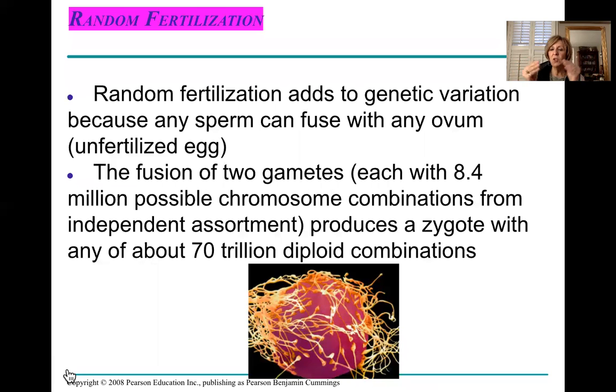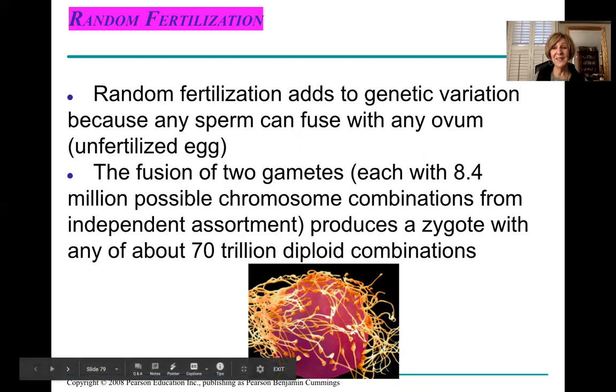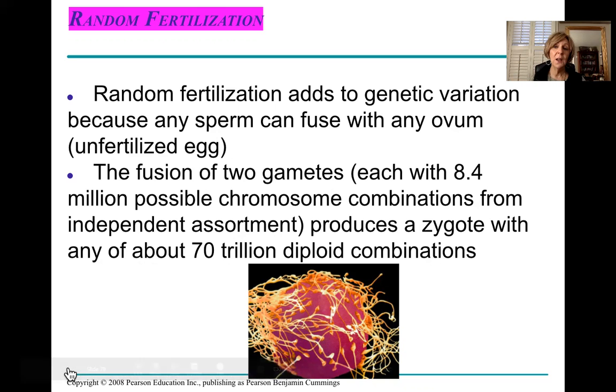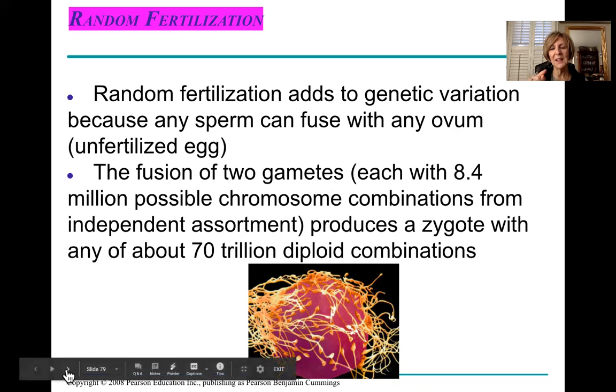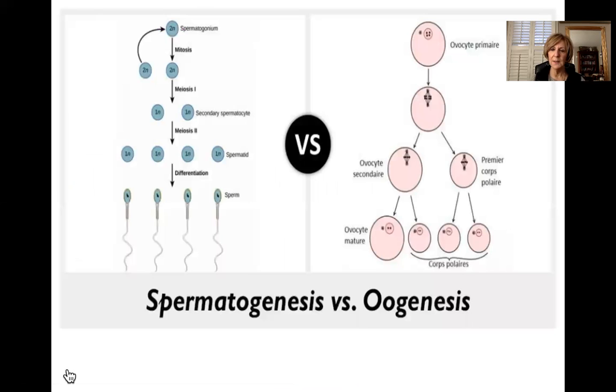When each of those fuse to produce a zygote, we can get any of about 70 trillion diploid combinations. That's not even counting crossing over. So that is the prize of sexual reproduction: we get a whole lot of variety, and that gives us more ammunition to be able to adapt to our changing environment. That's what gives us the advantage over asexually reproducing organisms.